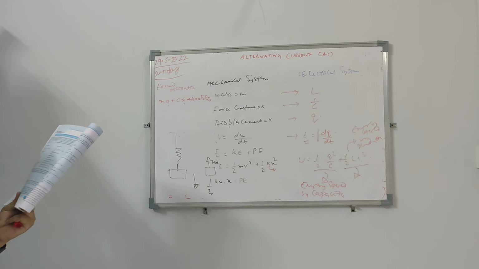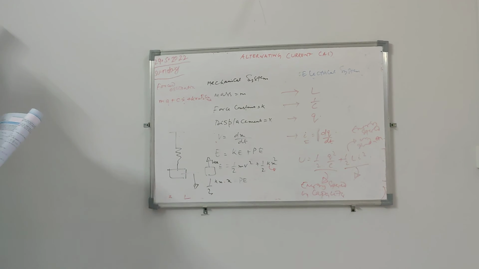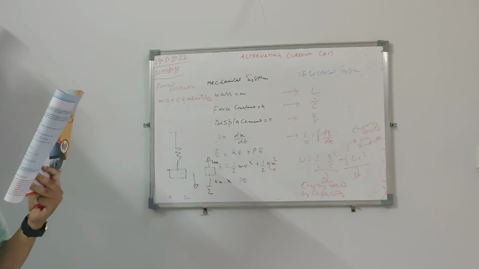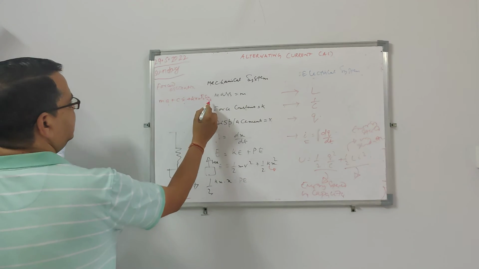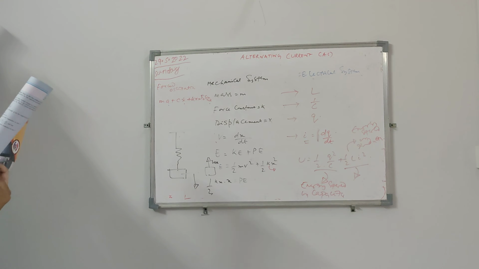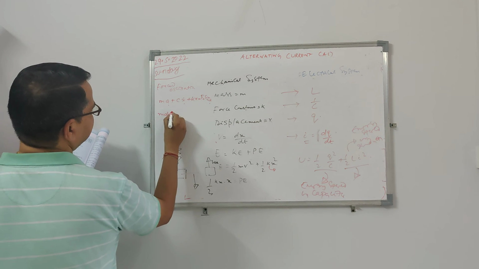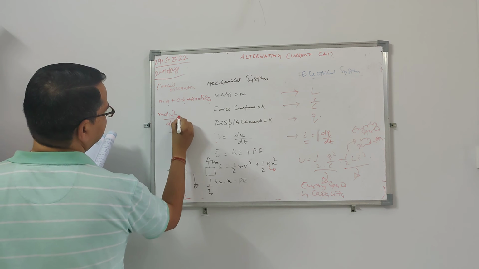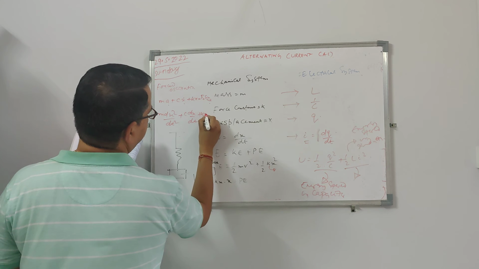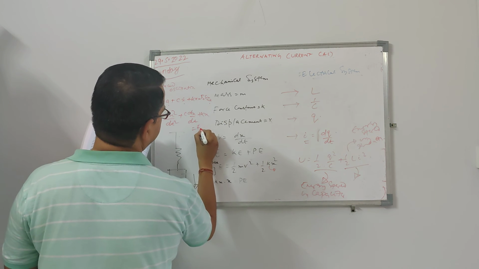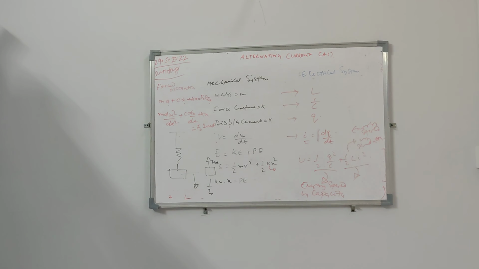In forced vibration, there is always an external force acting. In the earlier derivation, that was free vibration, with no external force. So this can be written as m d square x by dt square plus c dx by dt plus k x equals F0 sin omega t. This is the equation for forced vibration.